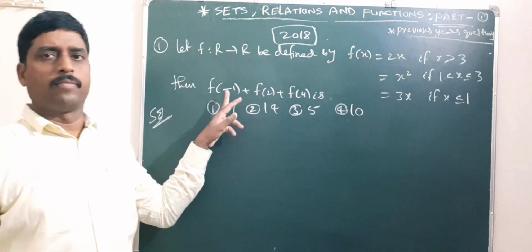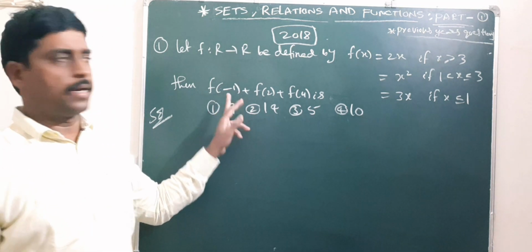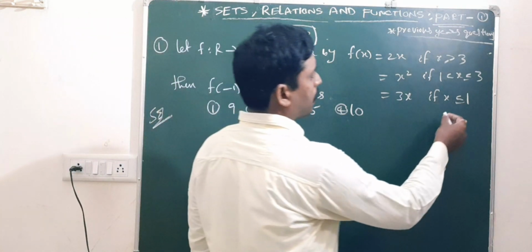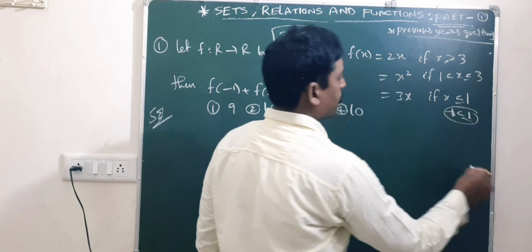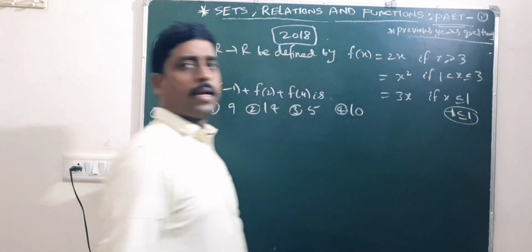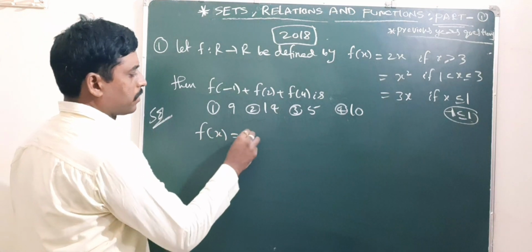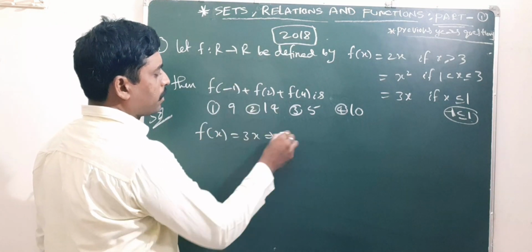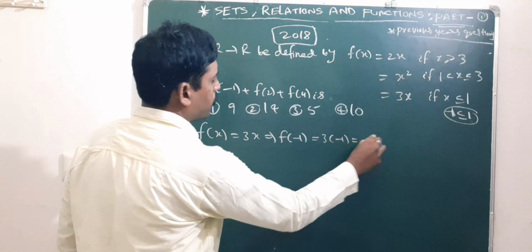First our target is f of minus 1. Minus 1 satisfies which condition? Minus 1 satisfies the third condition, where f of x is 3x. Therefore f of minus 1 is 3 into minus 1, equal to minus 3.